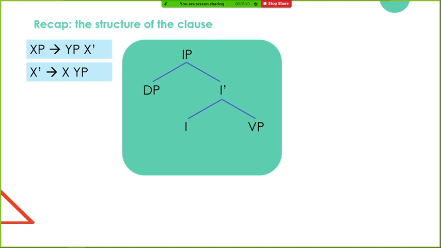Specifically then, the analysis we put forward last week for clauses is that the clause has the inflection as its head. The inflection goes together with the VP in the complement position to form the I bar, and then the subject is in the specifier position going along with the I bar to form the IP.